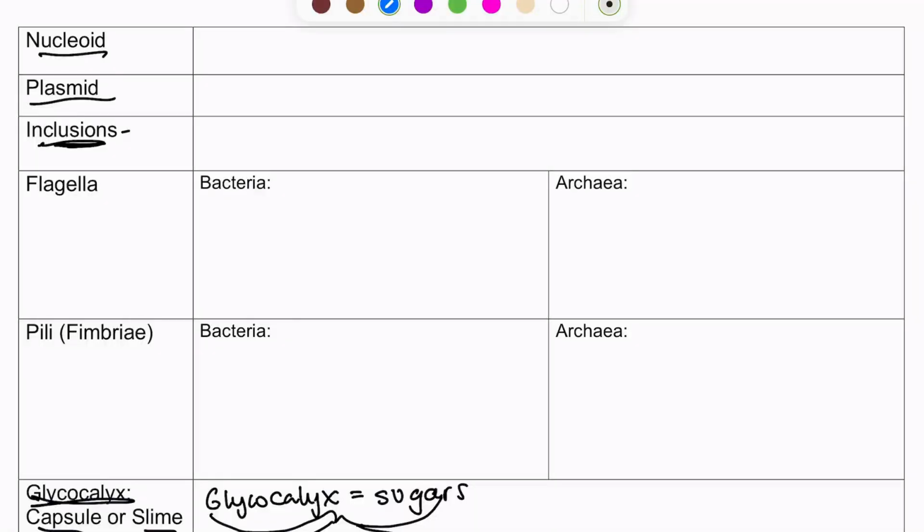All right, so the next is flagella. And we talked about this in class that it is for movement of the bacteria. And for bacteria, there are 4 flagellar arrangements, or maybe 5, but 4 outer arrangements.